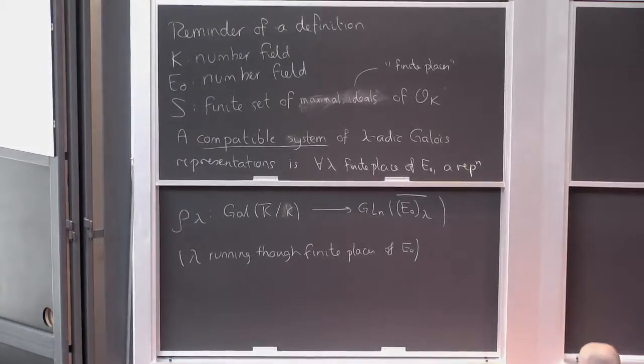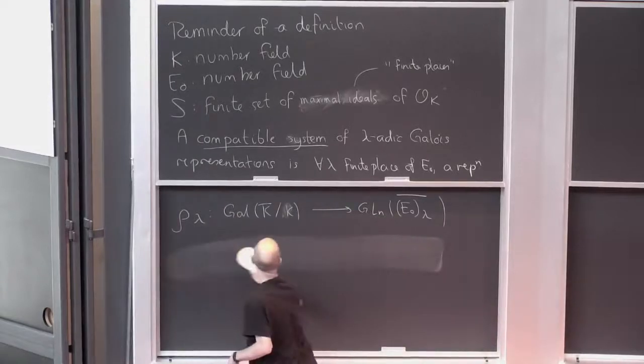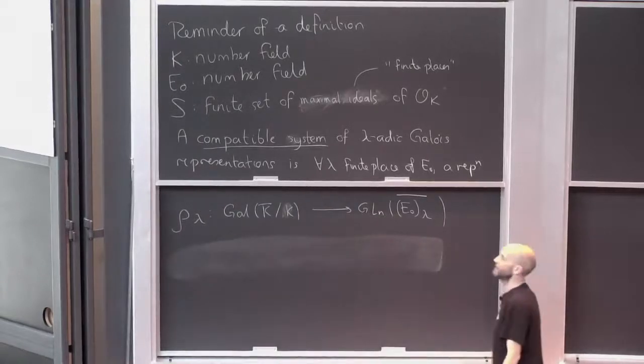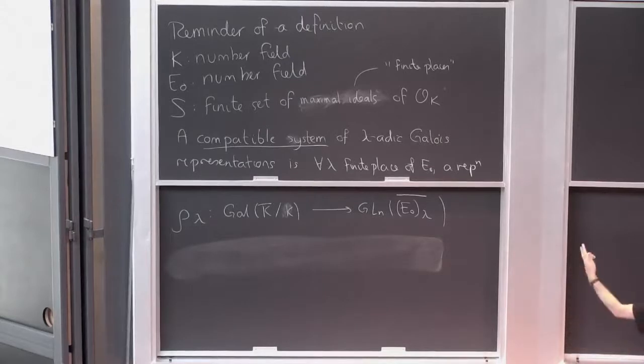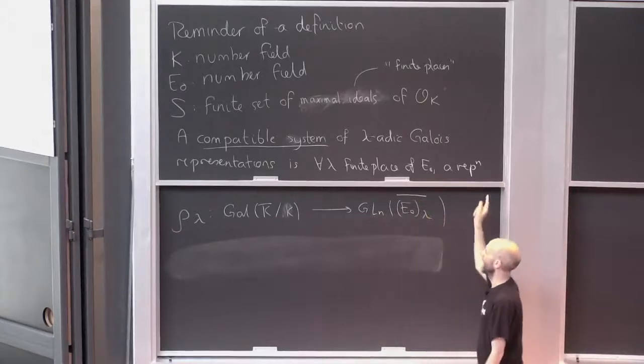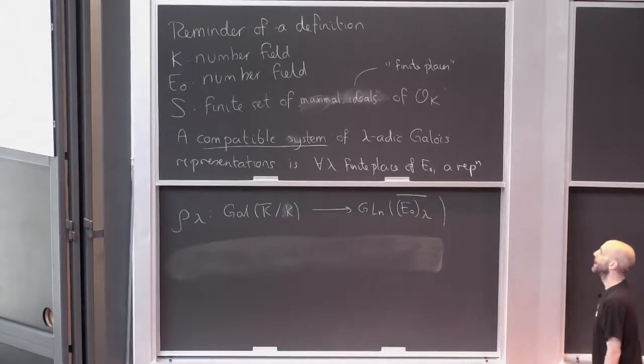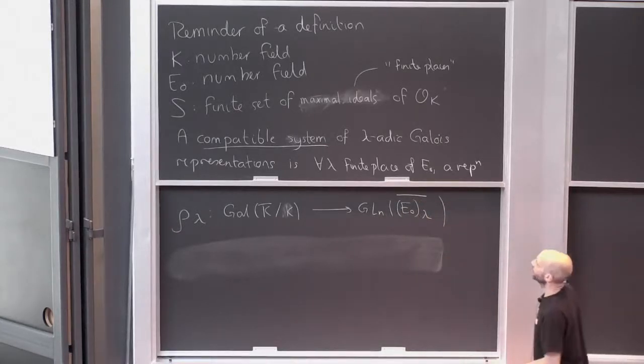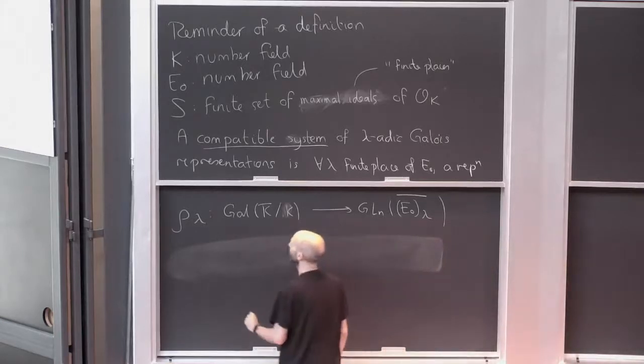I've said that bit now, so I can rub it off. So at the minute that's a system, but they're not compatible. Because now if E_0 is the rationals, then all I'm saying is for each prime number l, I've got an l-adic representation. But why they're compatible is the following miracle.